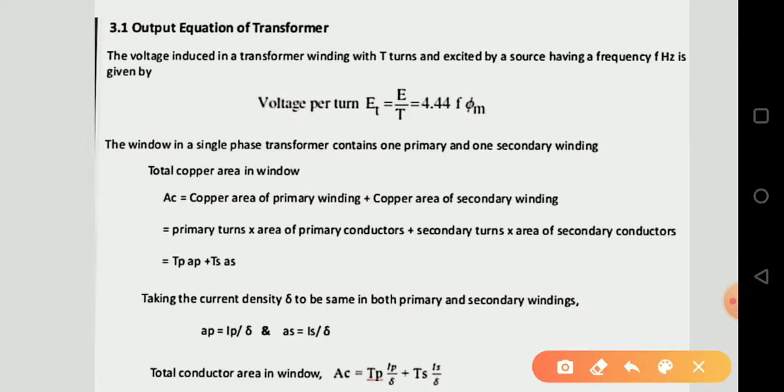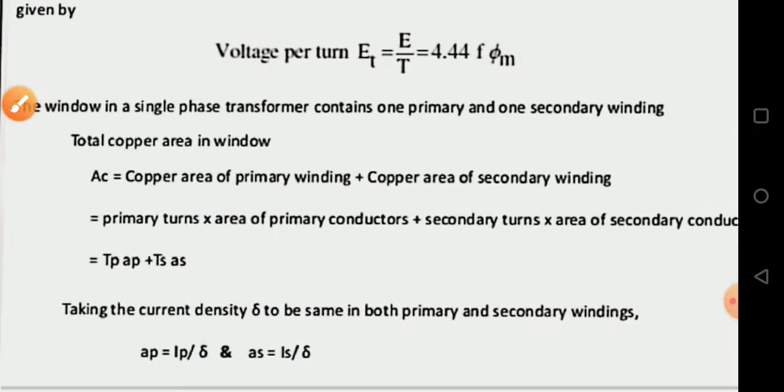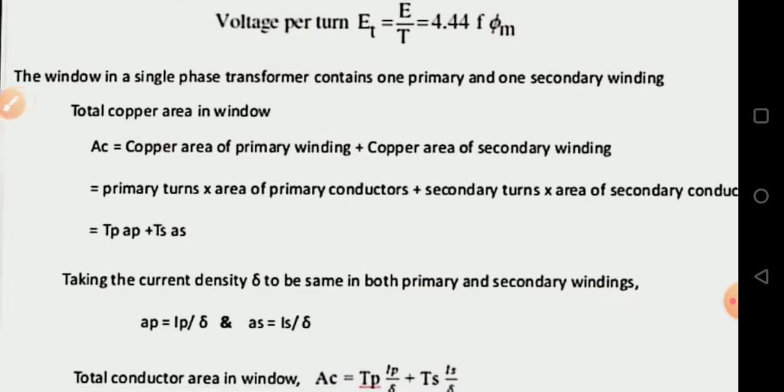So we can represent it as TP into AP, TS into AS. Here TP is the primary turns, TS is the secondary turns, AP is the area of the primary conductor and AS is the area of the secondary conductor.